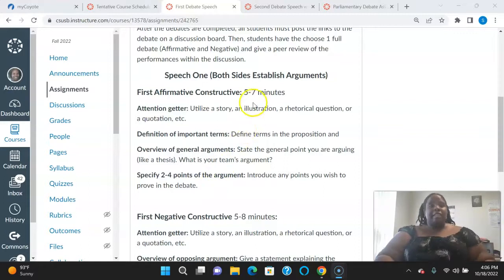But this is essentially about 5 to 7 minutes. It can be no more than 7 minutes, but you're just establishing your position, supporting what the proposition says, defining important terms, talking about general arguments, and starting off with your 2 strongest points.